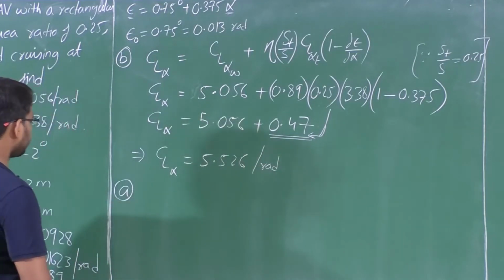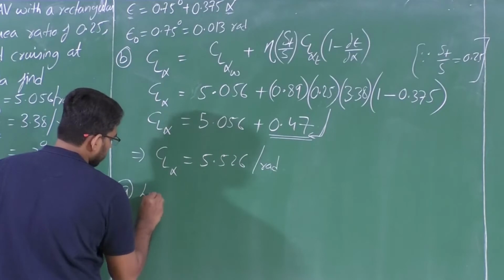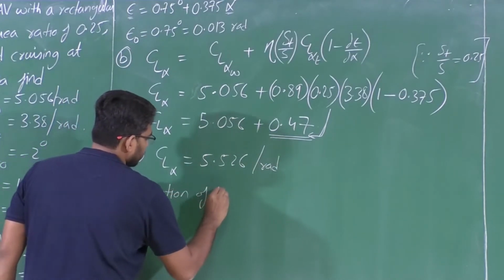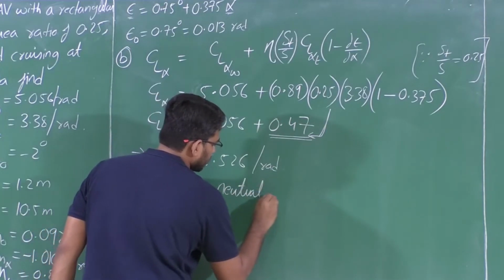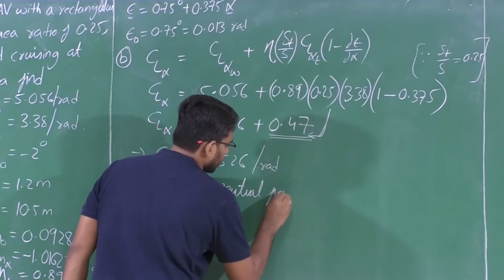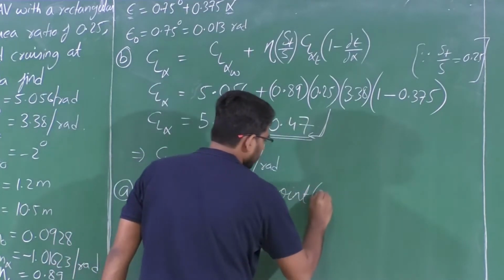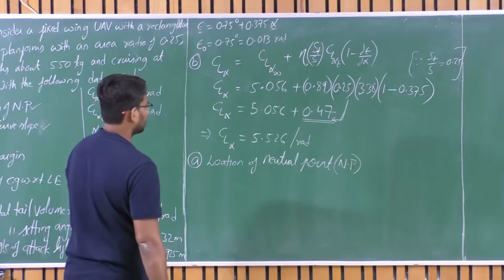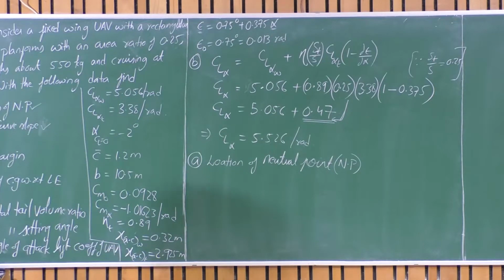Right? And the location of the neutral point, NP. So how can I find it out? I don't have the data about CG here.